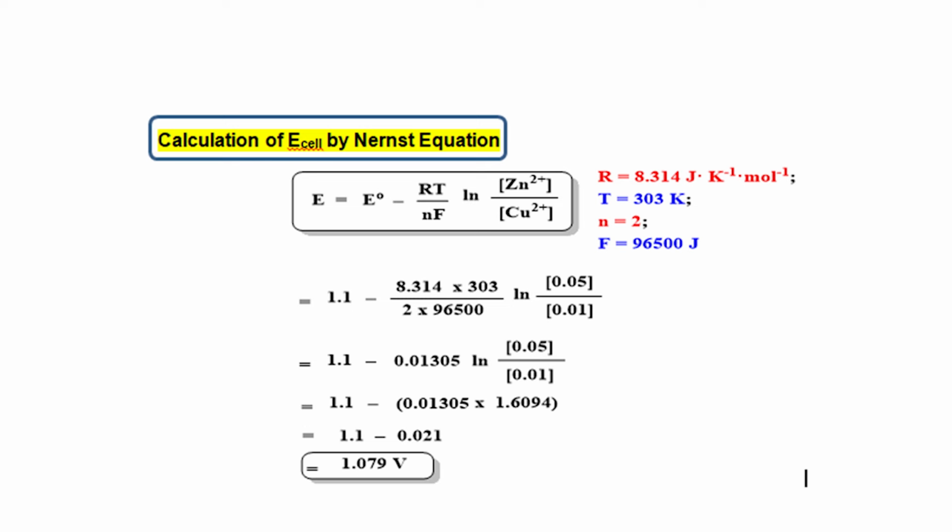This is an example. We have taken the concentration of zinc as 0.05 molar and the concentration of copper as 0.01 molar. We substitute them in the Nernst equation, with the constant values given here, and get the E cell potential.